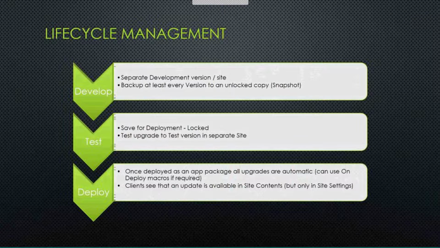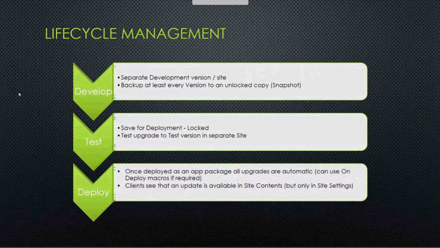As an app package on the App Store, all the upgrades are automatic, and you can use on-deploy macros, as I mentioned earlier, if you need to, maybe to move some data. A typical example might be if you used to have a single field for an emergency contact in a table, and I wanted to change that to a related table, so I needed to move the data from one to the other when the system was installed, and that's very simple to do, and I can show that in a bit.